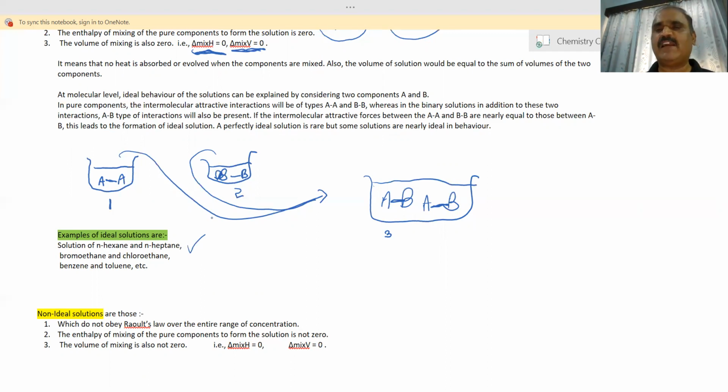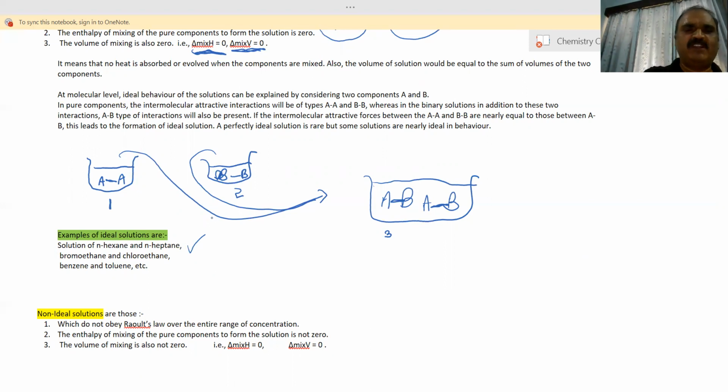When these are in their pure form, hexane molecules are held by London forces. Heptane molecules are also held by London forces. These are non-polar molecules. When these are mixed together, again, these are non-polar, and again held by London forces. So there is not much variation in interactions. That is why this is an ideal solution.